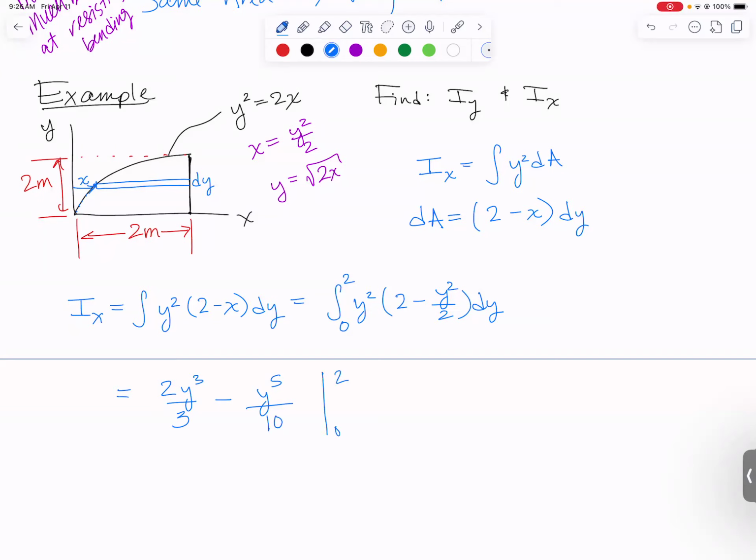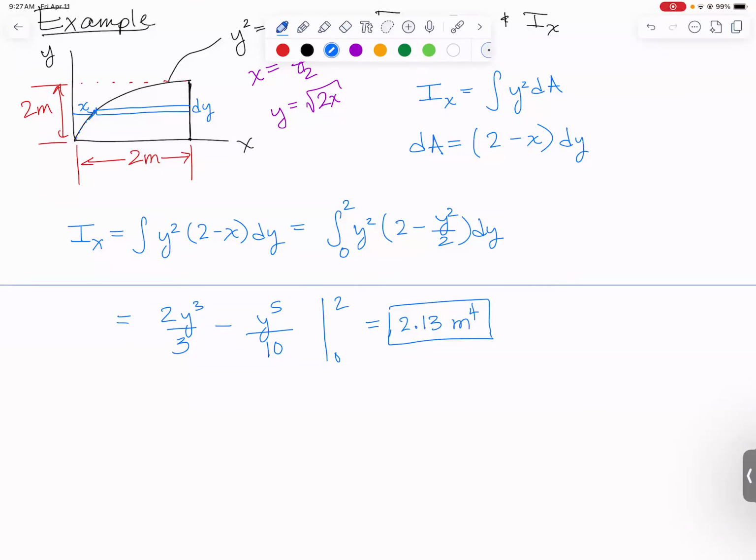Evaluate it from 0 to 2, and when you run that through your calculator, you should get 2.13 meters to the 4th power. And we found the moment of inertia about the x-axis. Unlike most numbers we've had in this class this semester, I am not good at telling if that is a big or small value. I'm not even good at guesstimating if that seems reasonable.